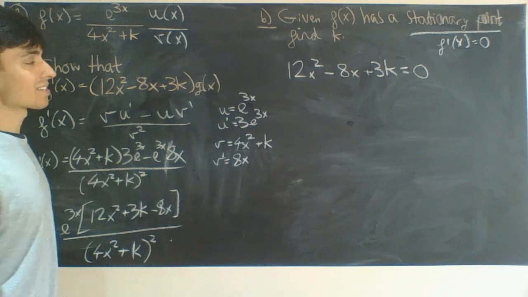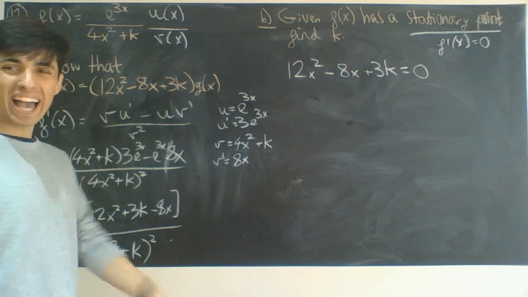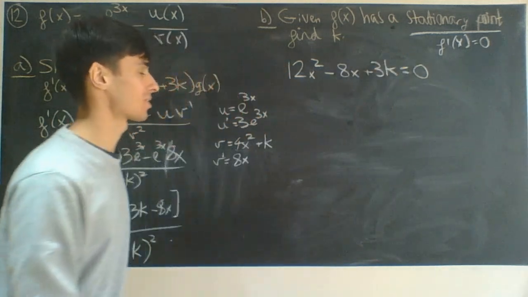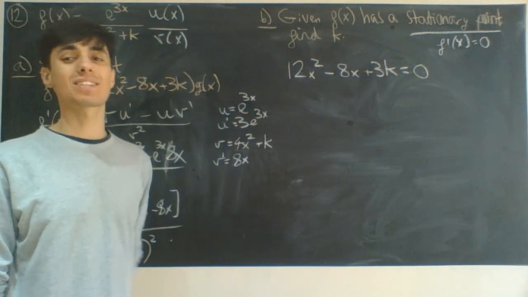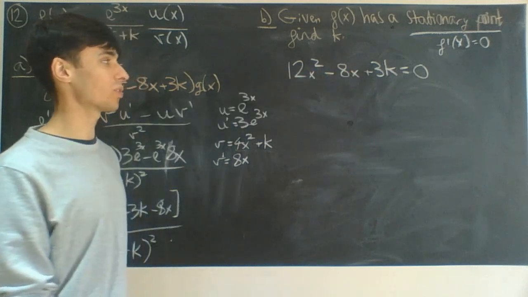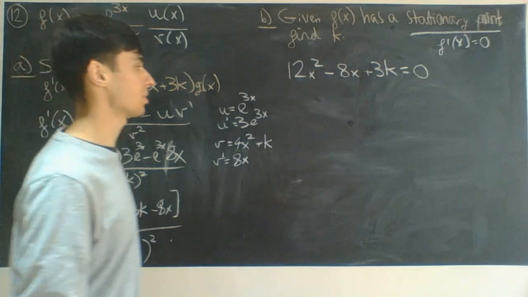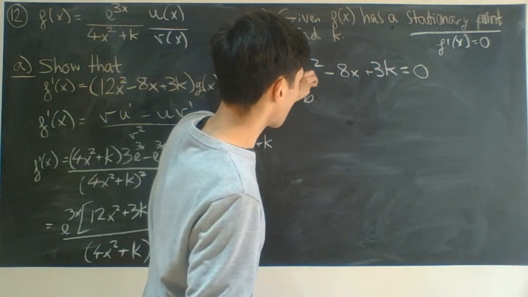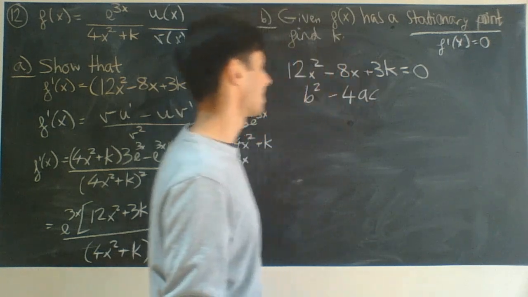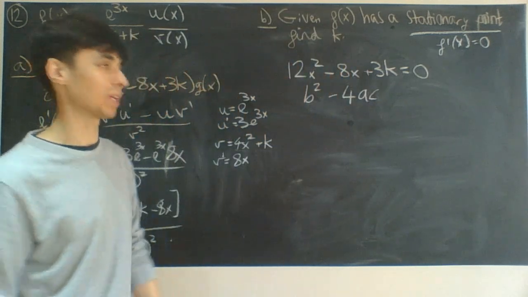And given it has a stationary point, I think actually in the question they told us it has at least one stationary point. So what can we say about the discriminant of things that equal 0 at least once? Well, we can say b squared minus 4ac has to be greater than or equal to 0.